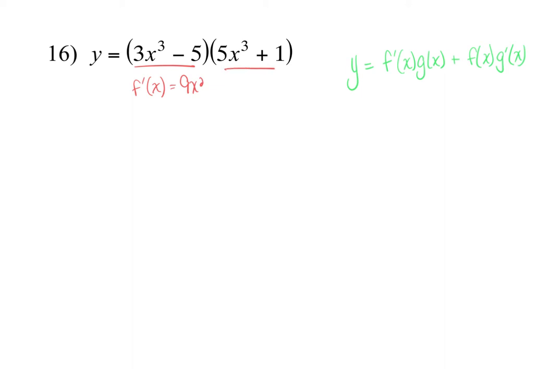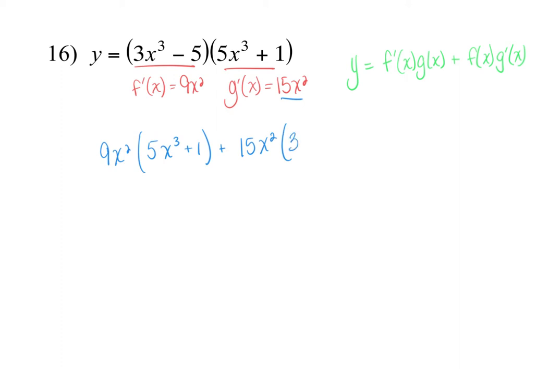If this is my second function, then the derivative of that one is going to be 15x squared. And then I can just plug it in. The derivative of the first, 9x squared, times my second, 5x cubed plus 1. And then plus the first, and you can put this first since you're going to be distributing it. So the derivative of the second times the first.